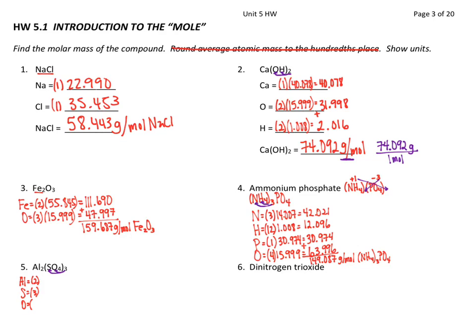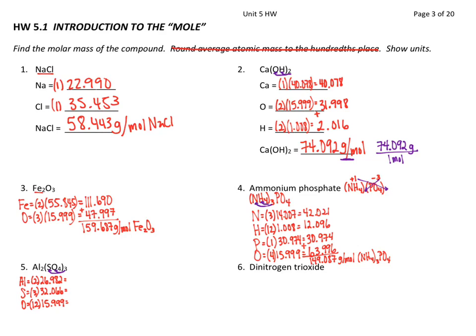So 4 times 3 is 12. Again, my atomic mass for aluminum is 26.982. For sulfur, my atomic mass is 32.066. And for oxygen, 15.999.